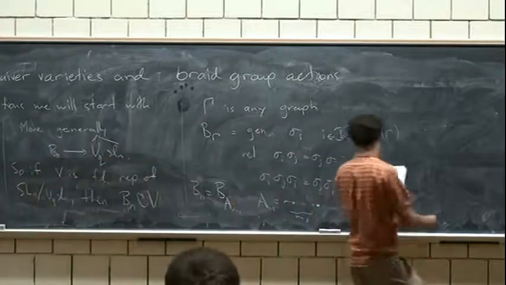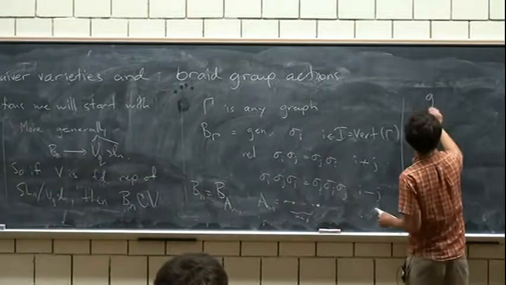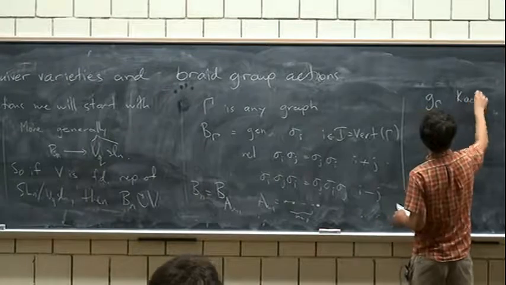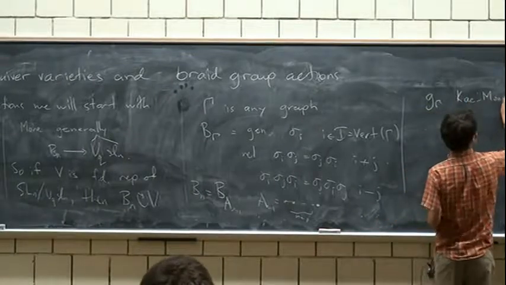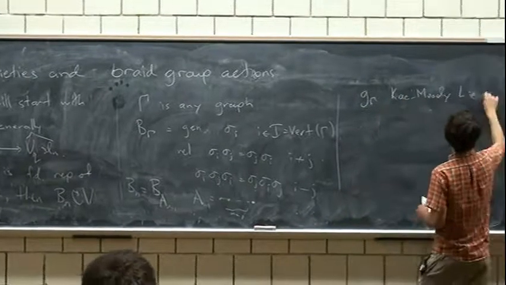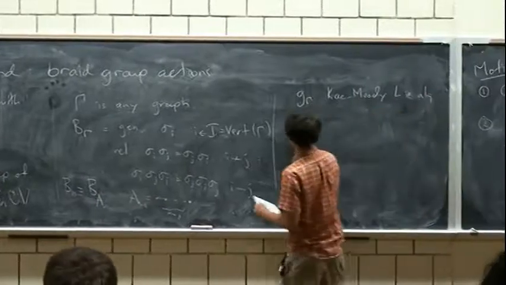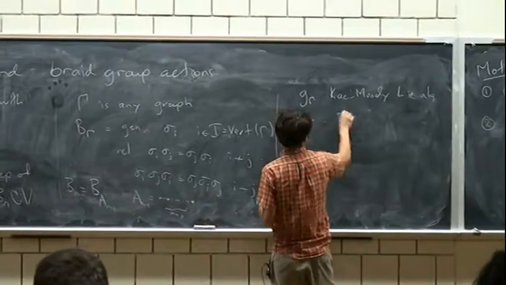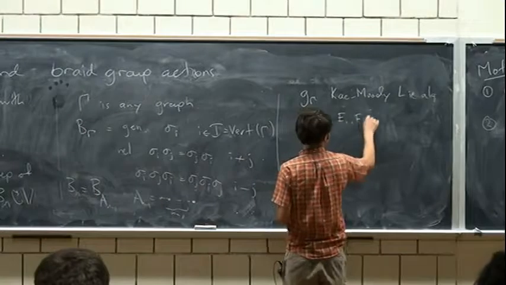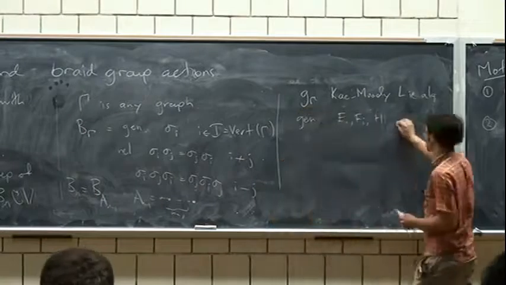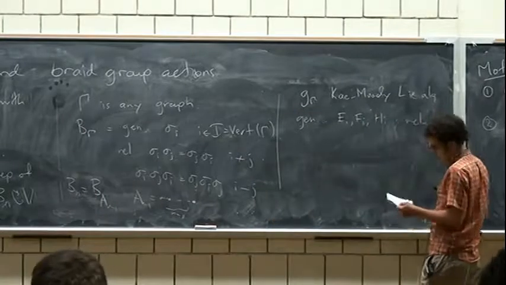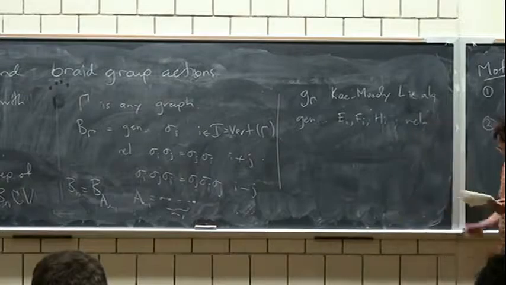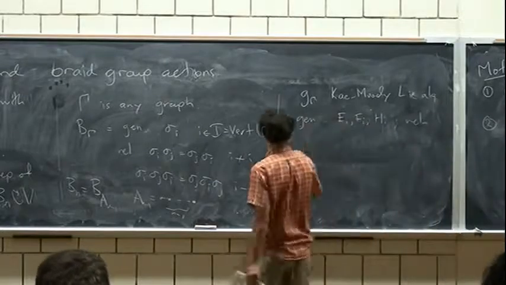We also associate to the graph gamma the Kac-Moody Lie algebra g_gamma, with generators E_i, F_i, H_i and some usual relations.